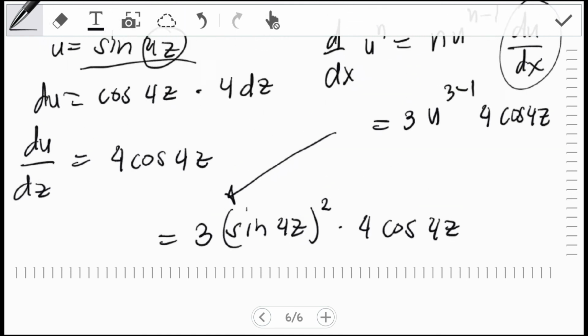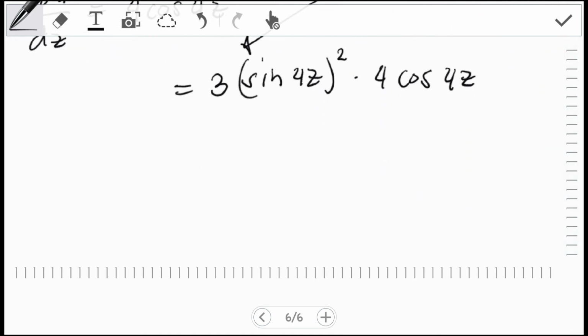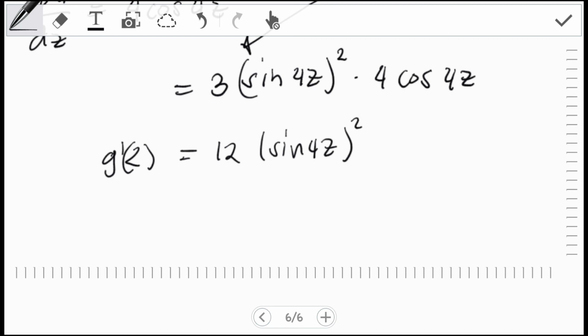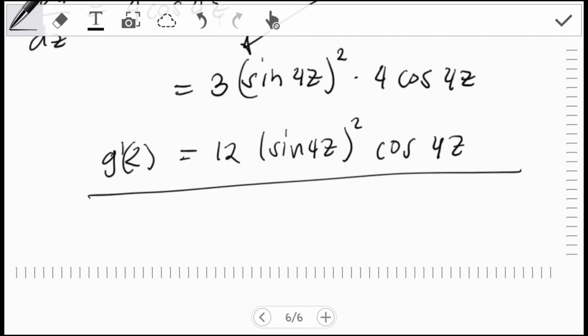Therefore, the first derivative of g of z is equal to 12 sine squared 4z cosine 4z. Okay, so that is the final answer.